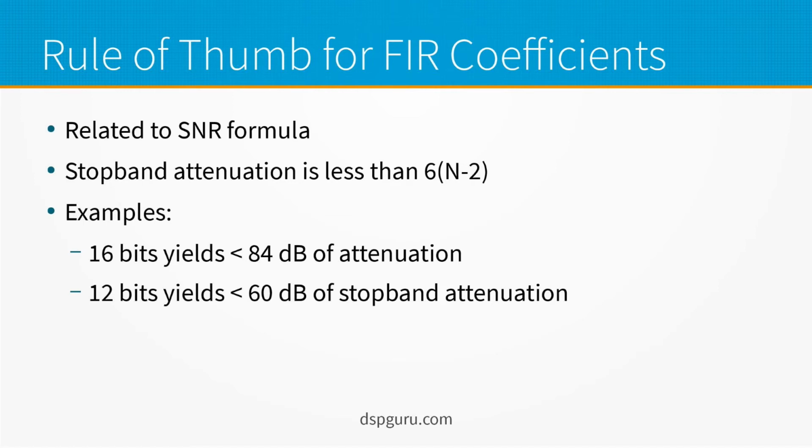So in these examples, you could take 16 bits, subtract 2, that gets us to 14 bits, multiply by 6, and we expect less than 84 dB of stop band attenuation. And likewise for 12 bits, that works out to less than 60 dB of stop band attenuation.